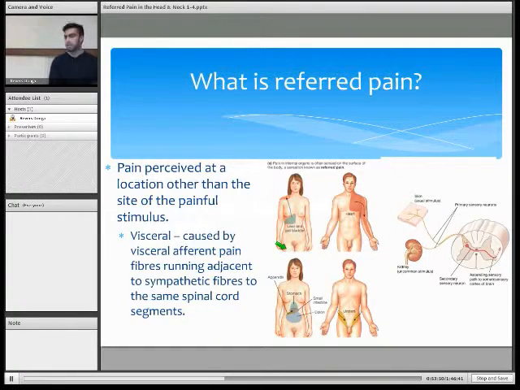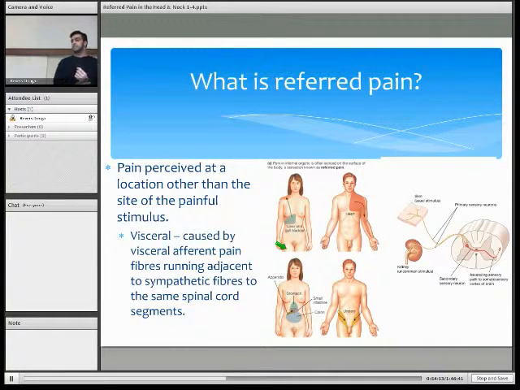So what is referred pain? It's simply pain perceived at a location other than the site of the painful stimulus. One of the two main types is visceral, which is where afferent fibres from both the skin and viscera run to the same dorsal root ganglion on the same spinal level.